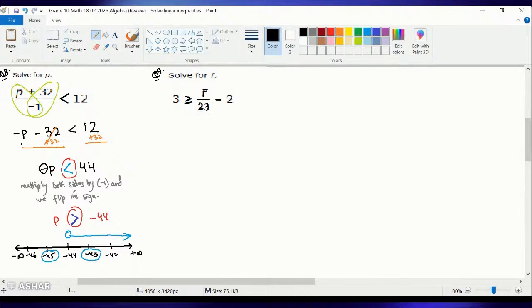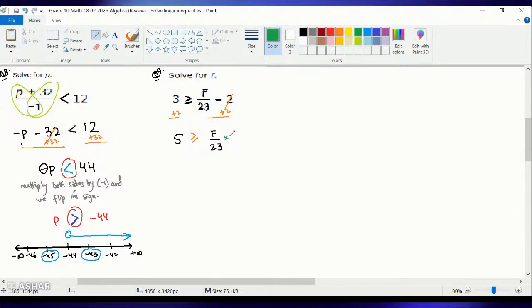Okay. So how can we simplify the inequality? Can we add 2 on either side? Because 2 is a number, right? That means we can write this as 5. The sign will not change because the variable is not negative.